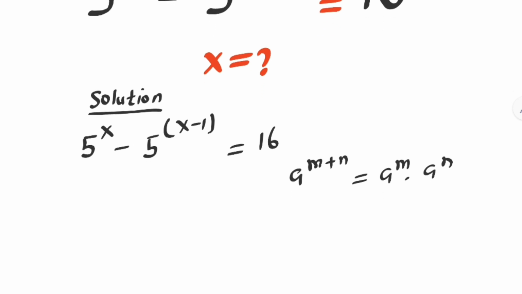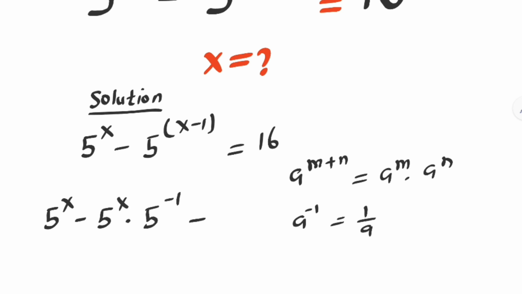Then if you have a raised to power minus 1, this is equal to 1 over a. Now this can be written as 5 raised to power x minus 5 raised to power x multiplied by 5 raised to power minus 1 is equal to 16.